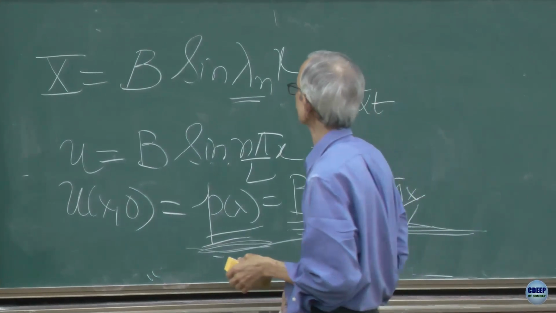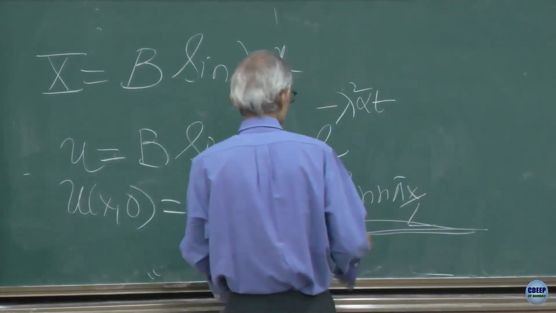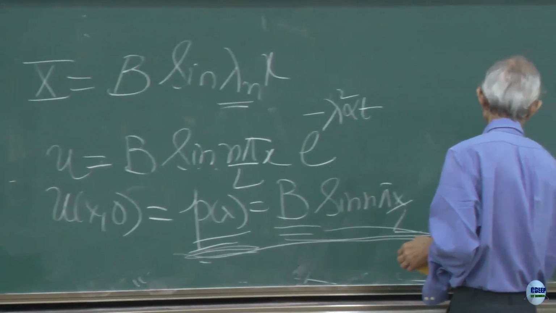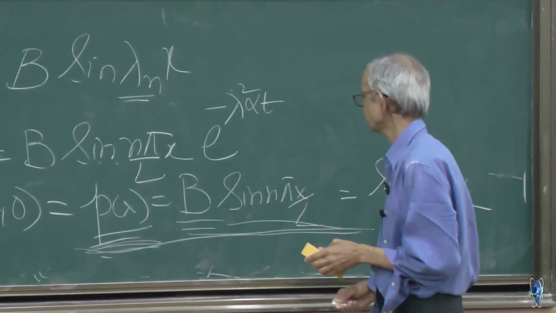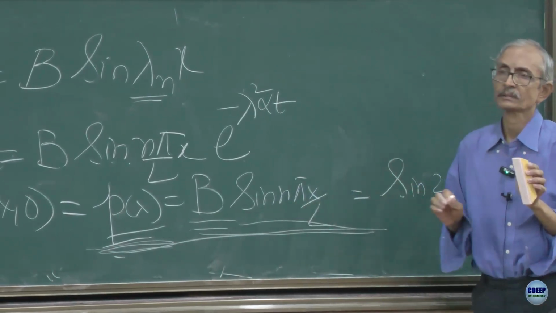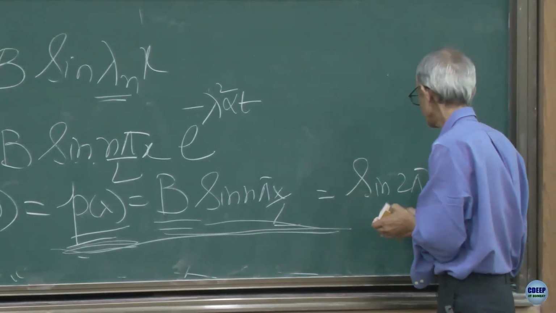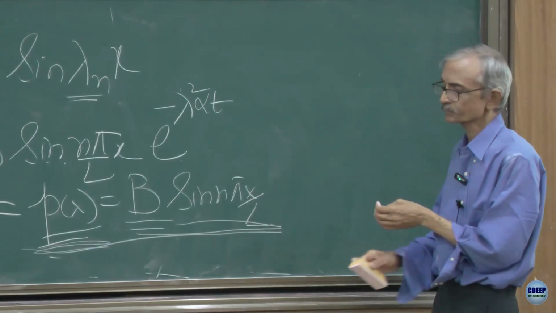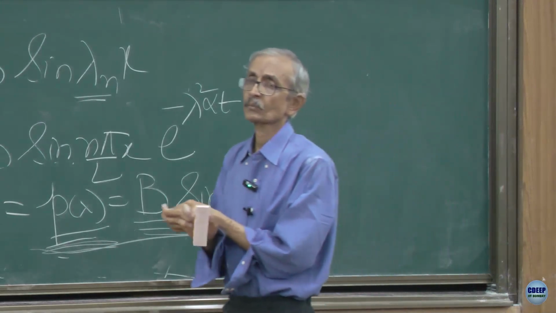If p of x were sine of something, suppose this were sine of say 2 pi x by L, then I will say I'll put n equal to 2, and then I'll get a b, and I'm happy about it. Okay, or whatever. But that's not the situation here. So what's the way out? What is the way out?